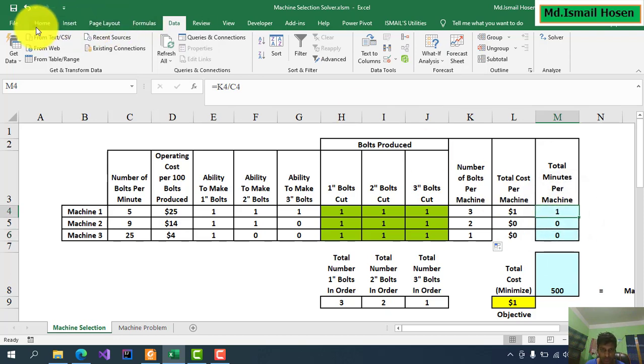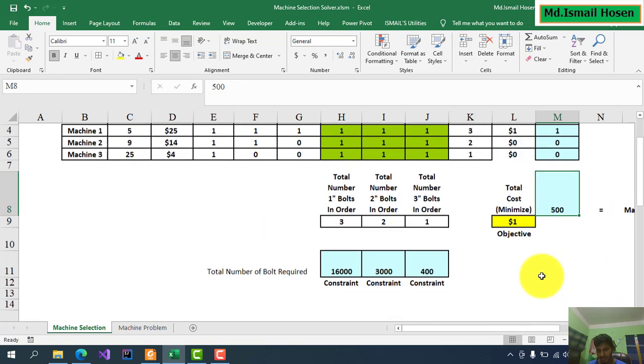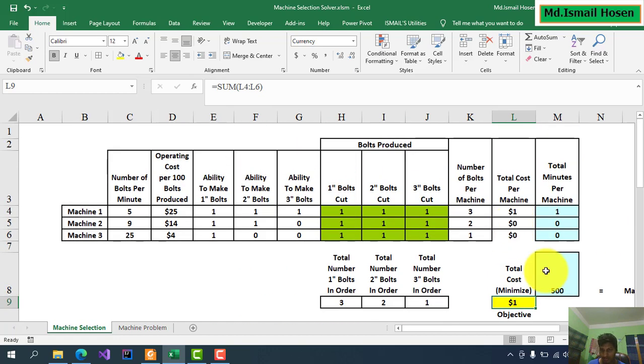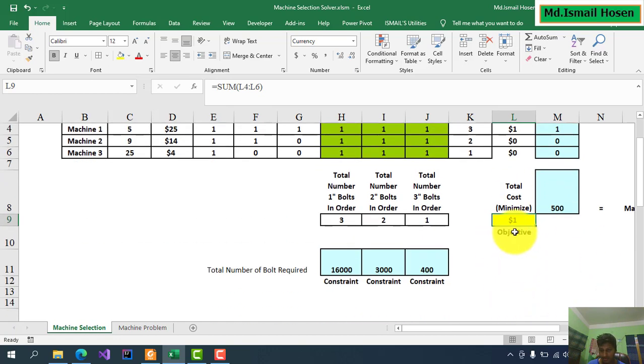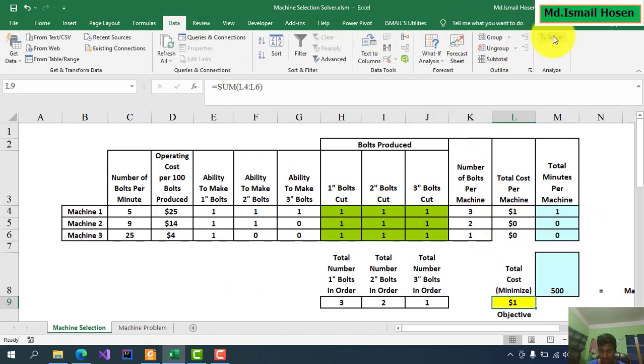If we use number formatting, then this will actually be 0.6. Okay, so these are all the constraints: this runtime needs to be less than 500, and this total cost needs to be minimized, right? This is the total cost, the summation of these costs. So let me delete all of those previous values.